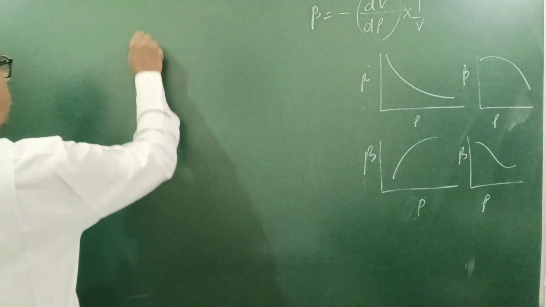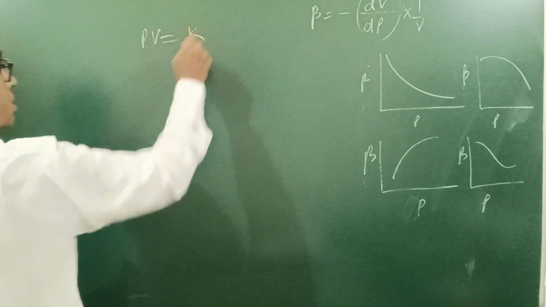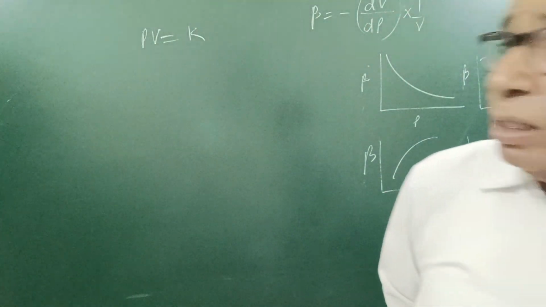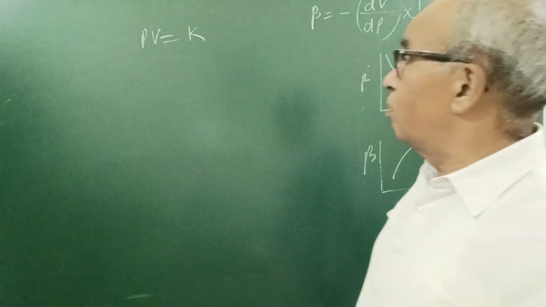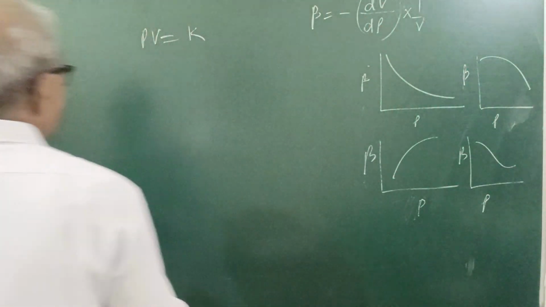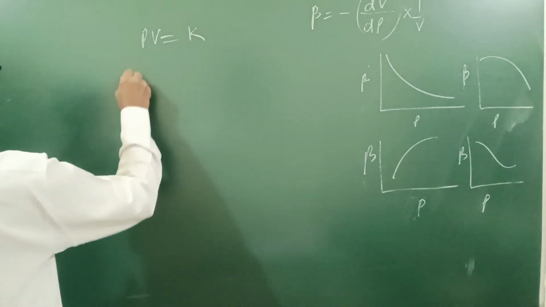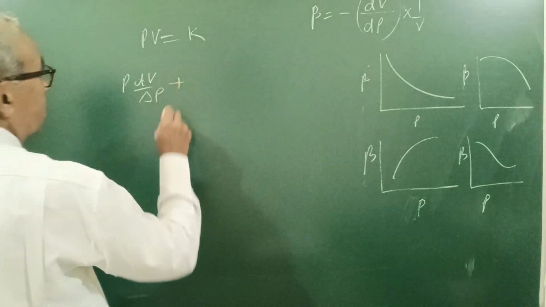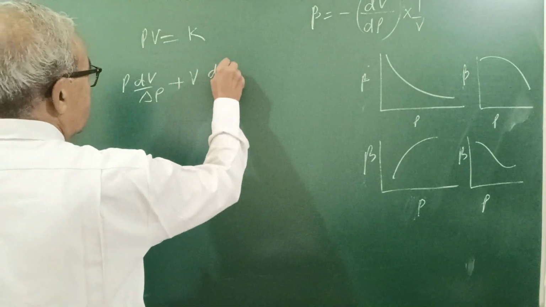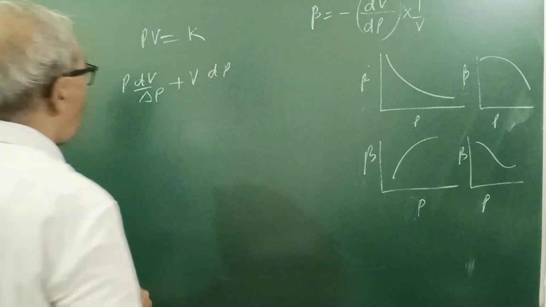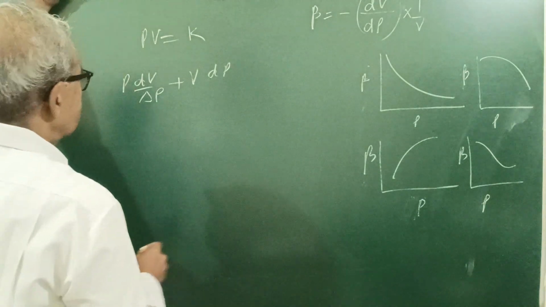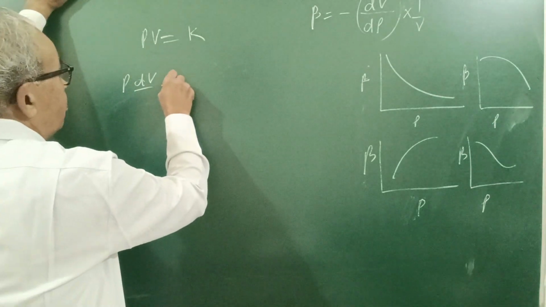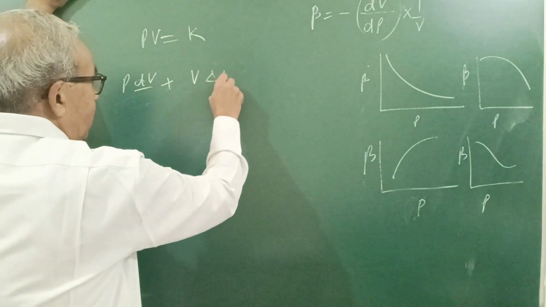Actually we know PV equals constant for an ideal gas at constant temperature. If temperature is constant, Boyle's law is obeyed, PV equal to K. Differentiating it, P delta V plus V delta P equal to 0.